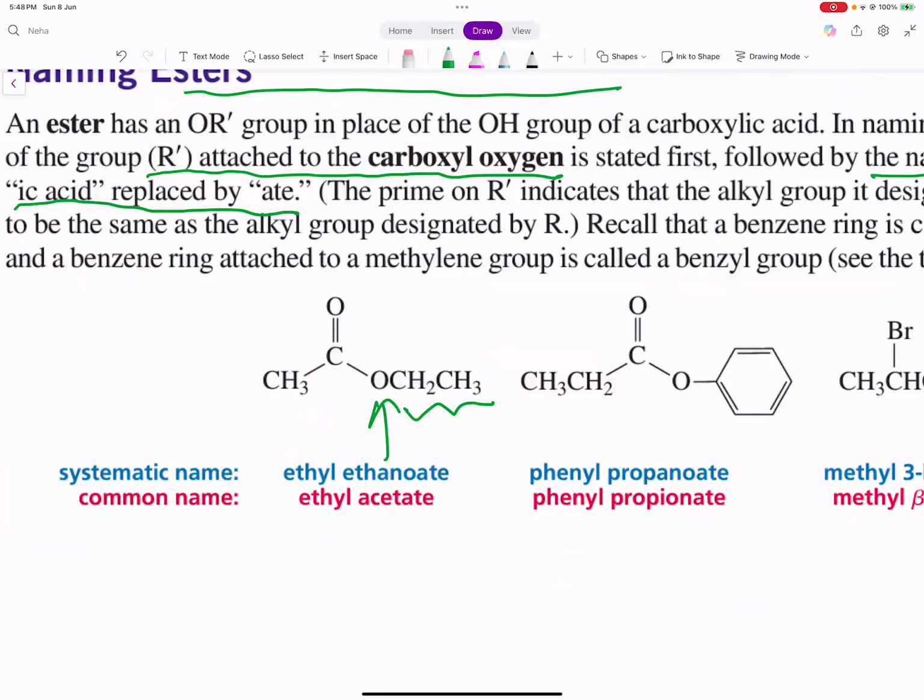If it was a carboxylic acid, we would have called it ethanoic acid, but this is an ester, so we'll call it ethanoate, and we also add this alkyl group's name initially. The alkyl group attached here is ethyl, so this becomes ethyl ethanoate.